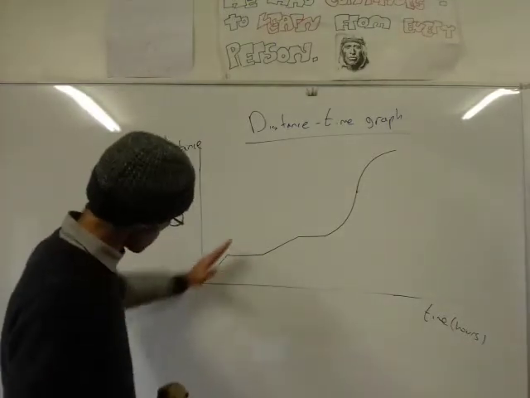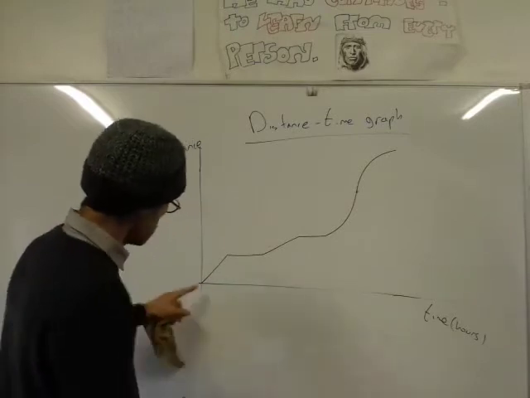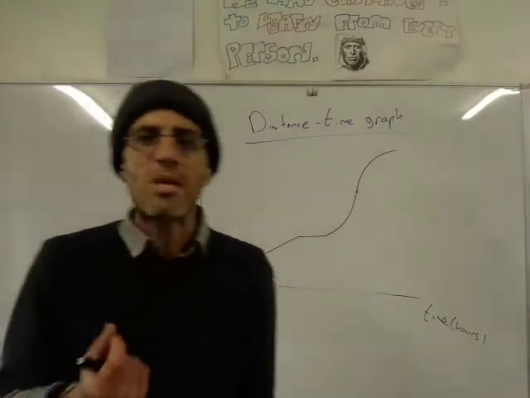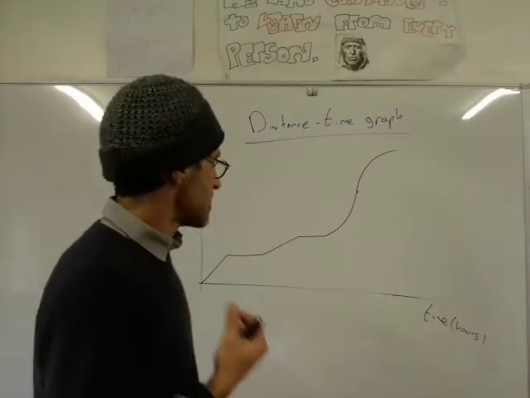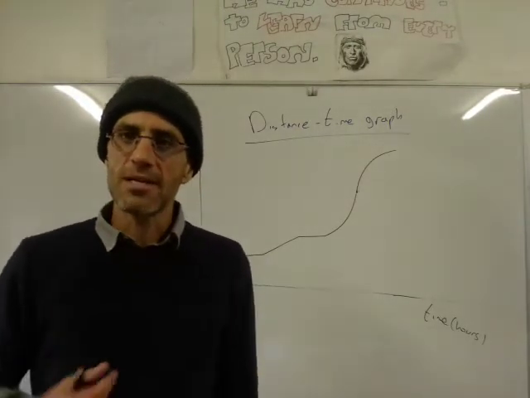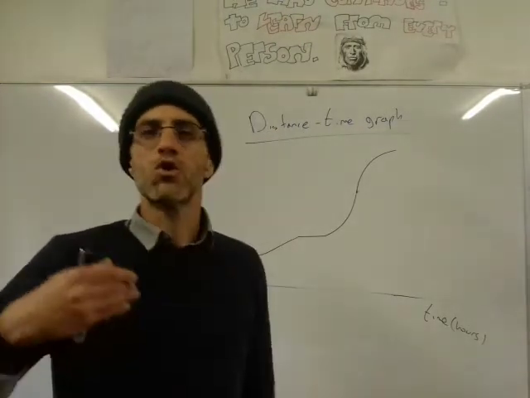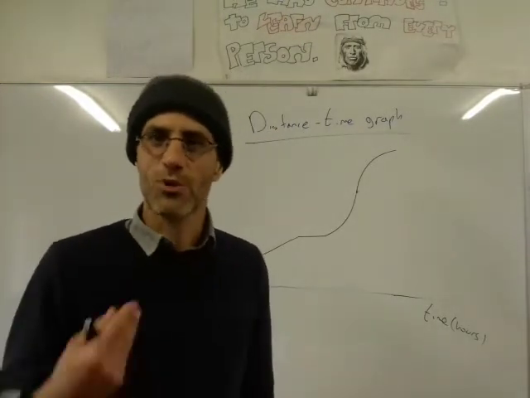So first of all, a straight line. If you look at that straight line from here to here, what does it mean that the distance-time graph is straight? What it means is that the distance that you move increases gradually at the same rate.